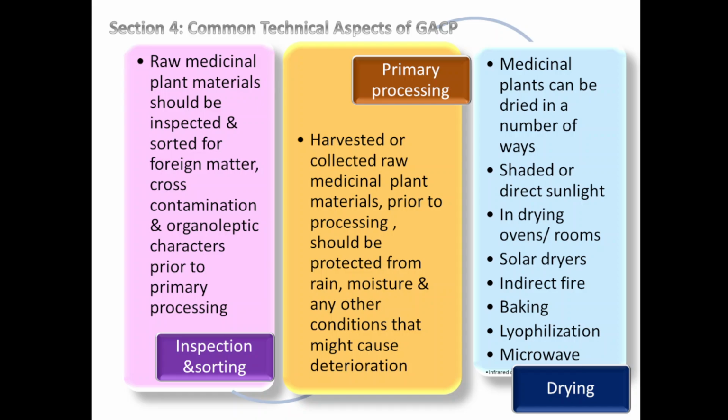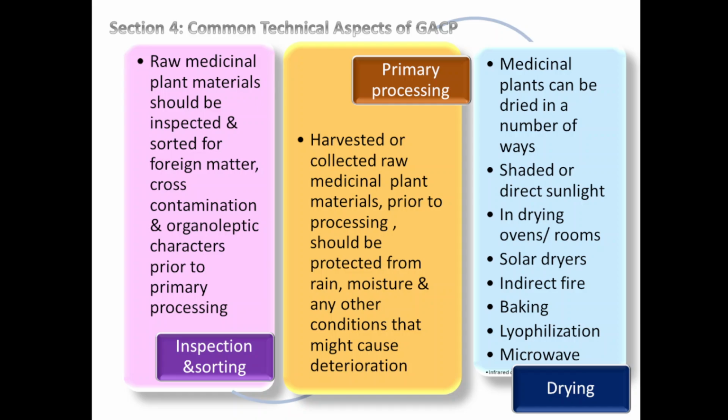Second is primary processing. Harvested or collected raw medicinal plant material prior to processing should be protected from rain, moisture and other conditions that might cause deterioration. So whatever the harvested raw material is there, that should be undergoing primary processing.